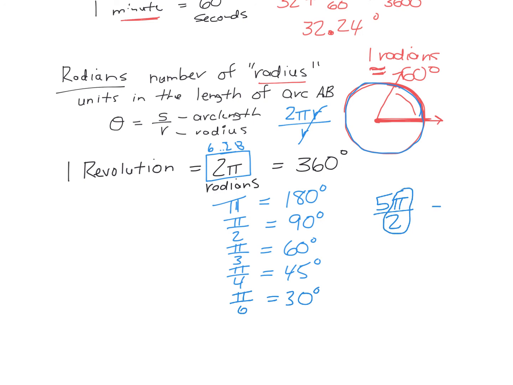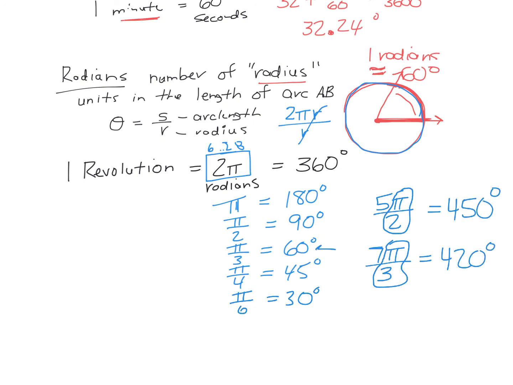And 5 times 90 would be 450 degrees. Or if I had, let's say, 7 pi over 3, I'd look at this pi over 3 as 180 divided by 3, which is 60. 7 times 60 then would be 420 degrees.